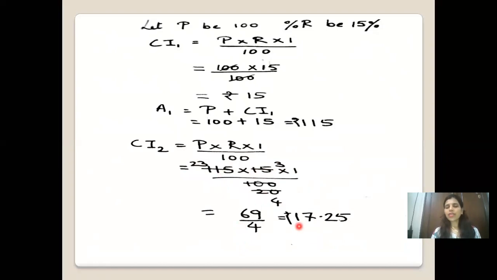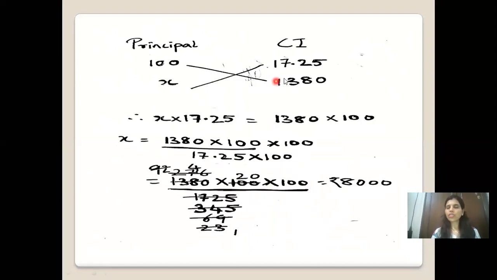Now you can write it in the form of 17.25, or you can keep it in form of fraction as you wish. If you do it with fraction also it will go easy for you. I have taken it in point.